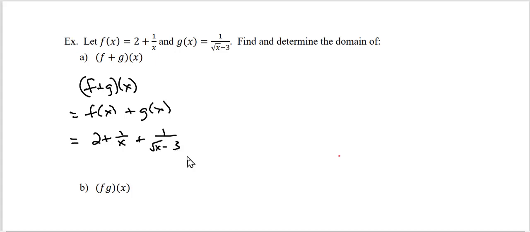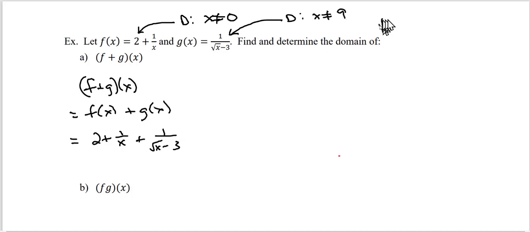When we talk about the domain of these, we want to be really careful. The domain needs to exclude any values that had to be excluded originally. So when we talk about the domain of f here, x cannot equal 0 because that would give you 0 in that denominator. And for g, the domain of this one, g, is that x cannot equal 9.